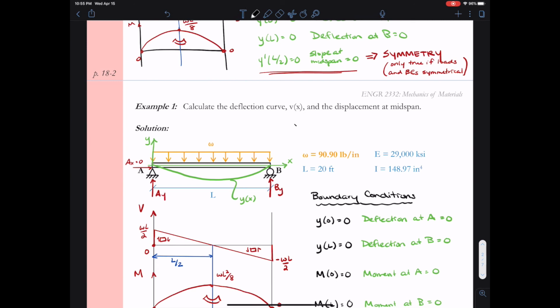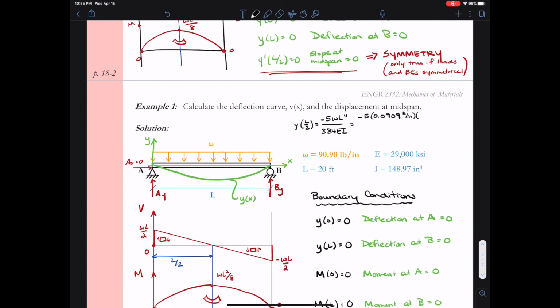All right, the question wants a displacement and not just a random formula, so let's go ahead and substitute everything into this negative 5 omega L to the 4th over 384 EI. Very important as we do this that we make sure the units will work out. And that's another reason why I like to keep everything in variable form till the end, because I can make sure my units check out.